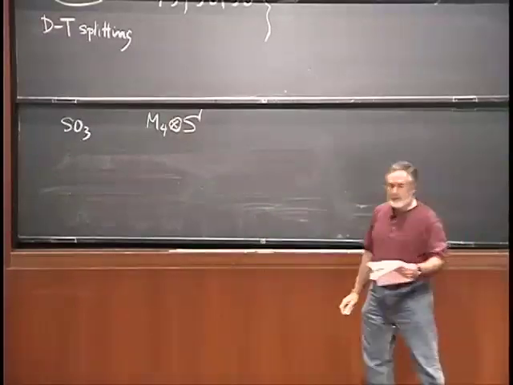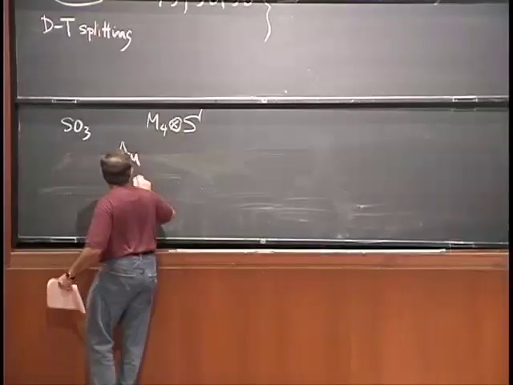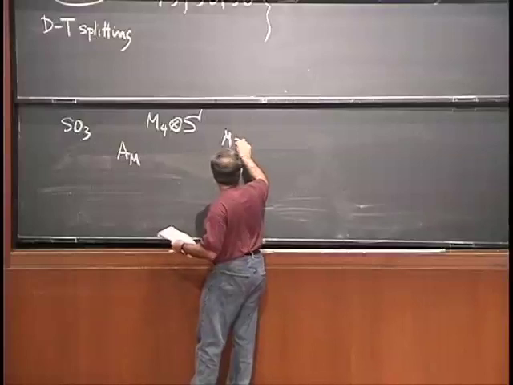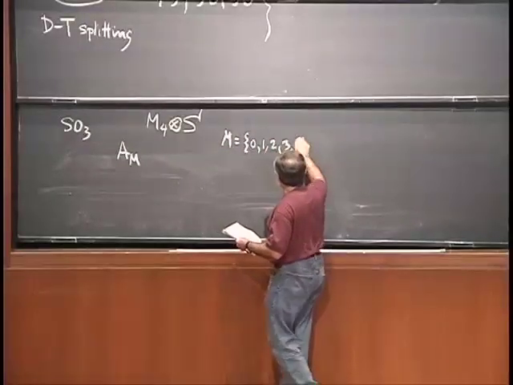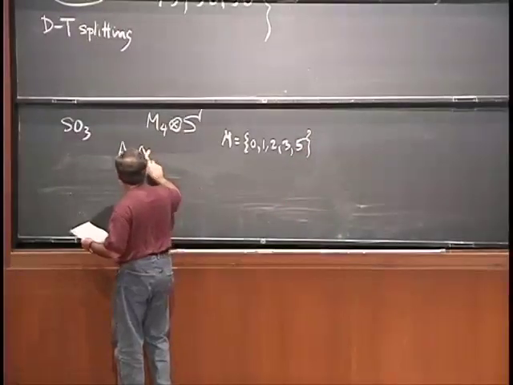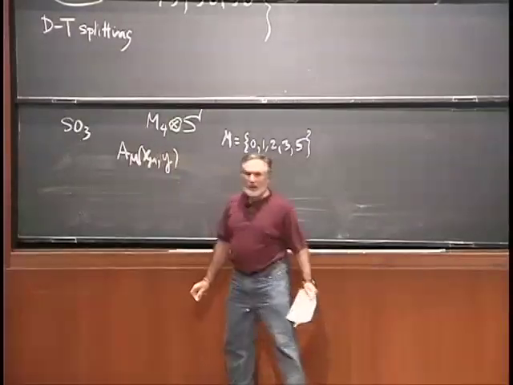So it's 5-dimensional. The gauge fields in this theory we'll call A_M. Index M goes from 0, 1, 2, 3, and then the last one is 5. And it's a function of coordinates x^μ, which are the 4-dimensional coordinates, and the 5th dimension I'll call y.